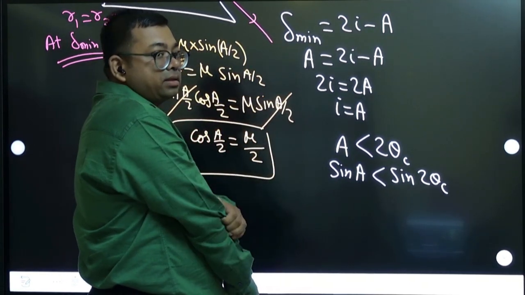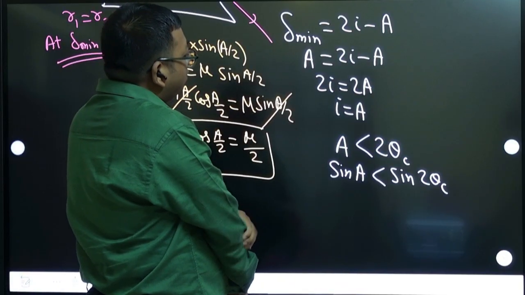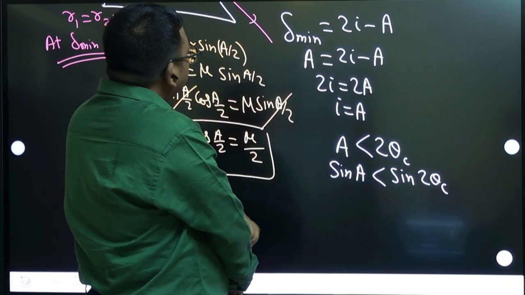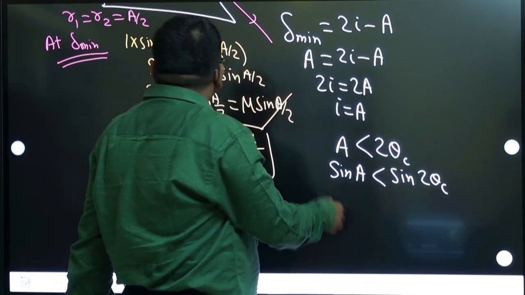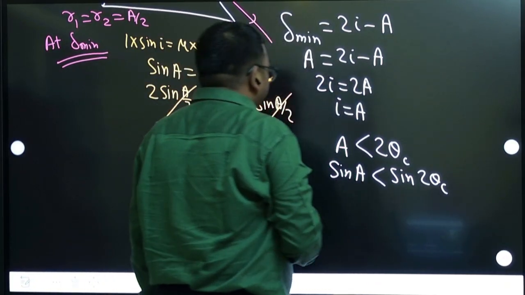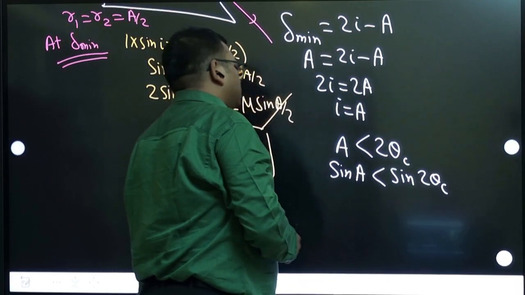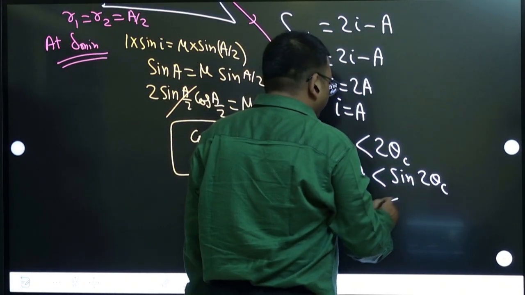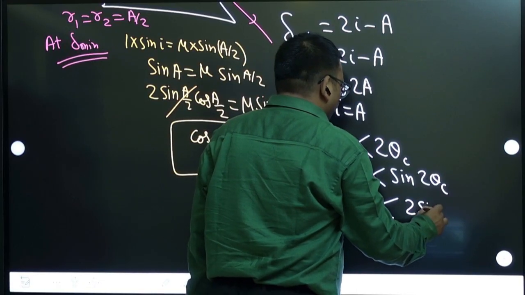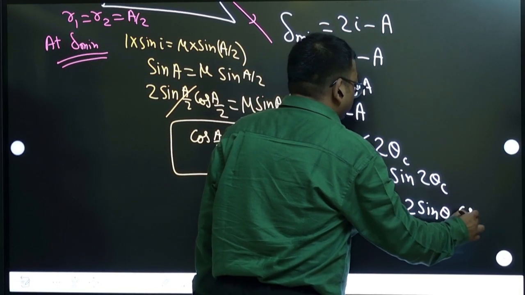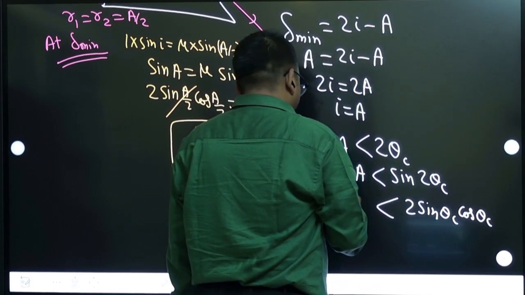A is less than the critical angle. So we will write sine of 2 times the critical angle as 2 sine of critical angle into cos of critical angle.